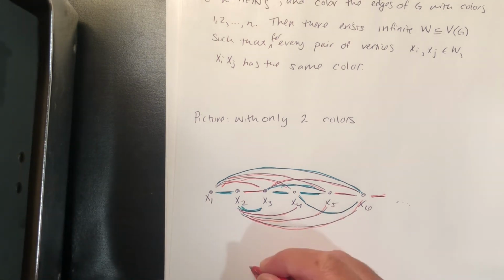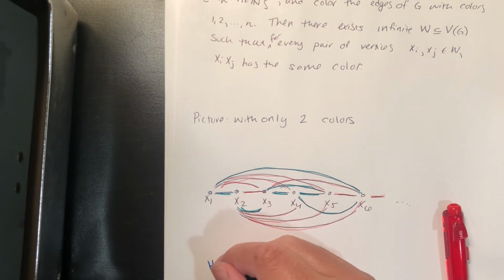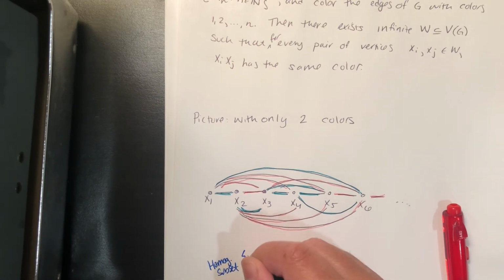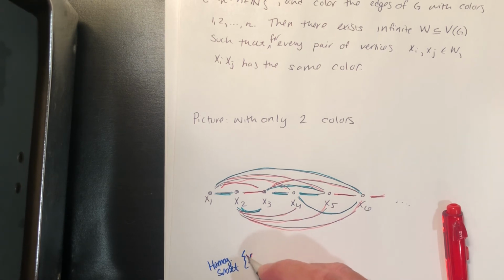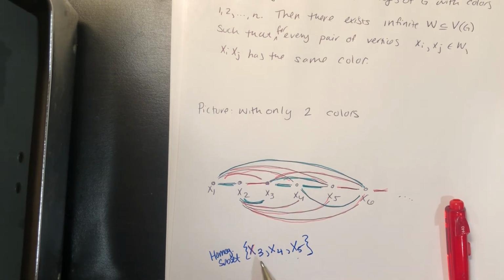Well, one homogeneous subset would be x3, x4, and x5, which is a homogeneous subset because every pair of vertices here has a green edge, right? x3, x4 is green, x3, x5 is green, and x4, x5 is green.